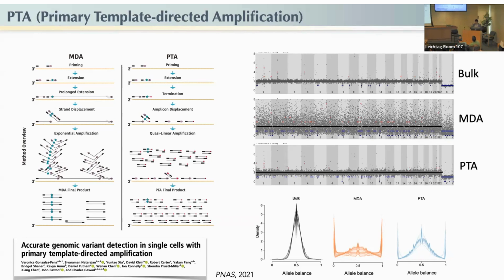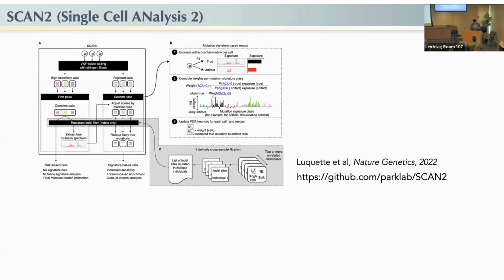And then this new technology, PTA, generates a more even coverage. You can see this in the distribution of the allele fractions here. In bulk, you see the variant SNPs at 0.5, and the distribution is not as good as bulk, but PTA gives a much better result than MDA.